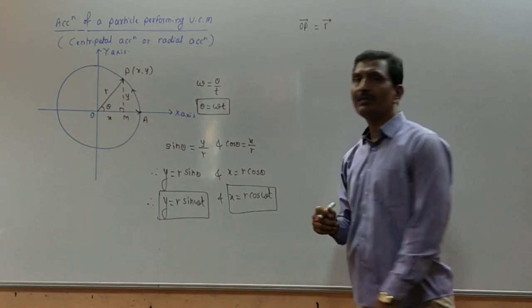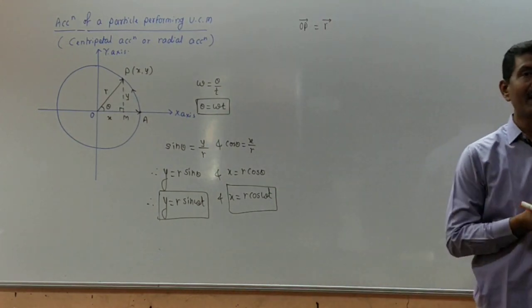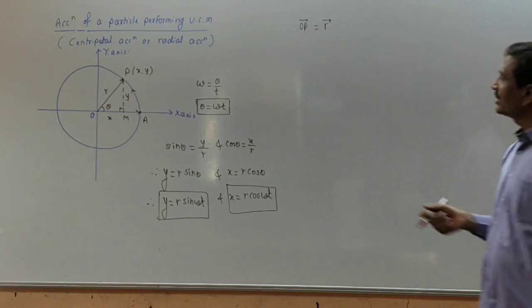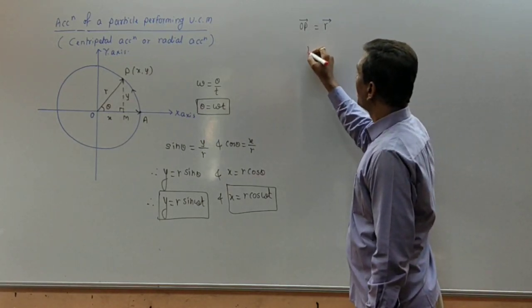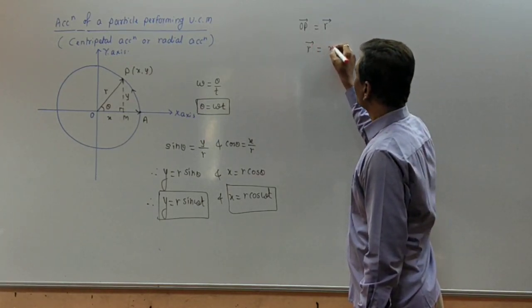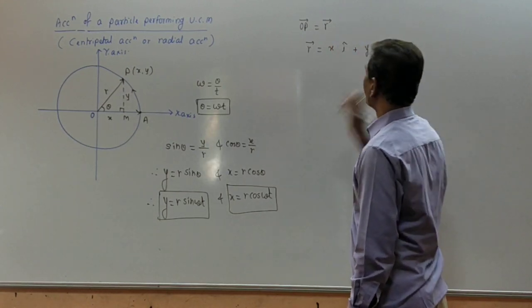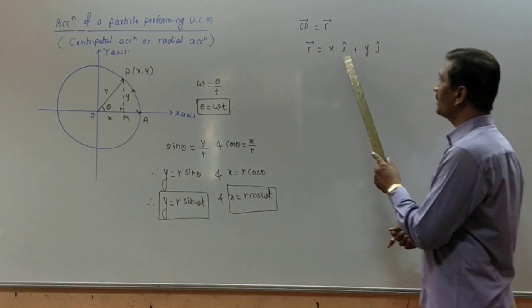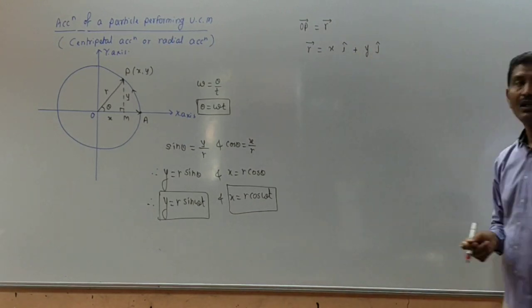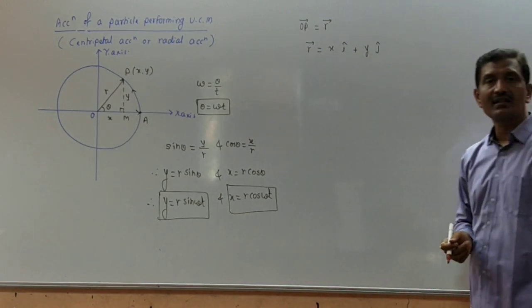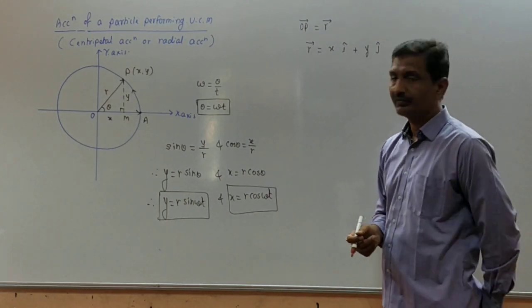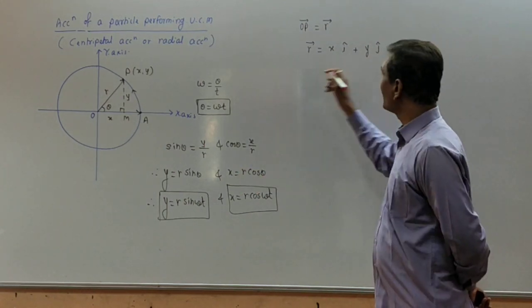You are familiar with the representation of the vector in terms of its components. So according to that, we get R bar is equal to x into i plus y into j, where i cap and j cap are the unit vectors along the x-axis and y-axis respectively. So put the values of x and y here.